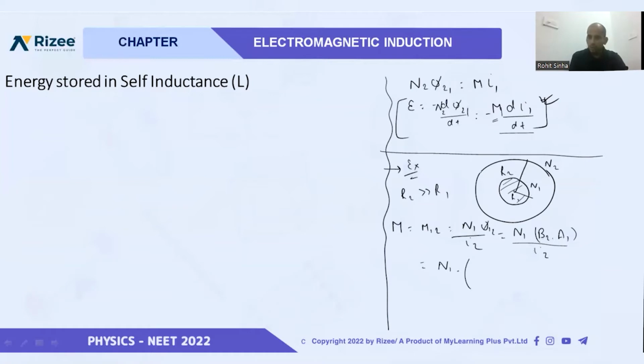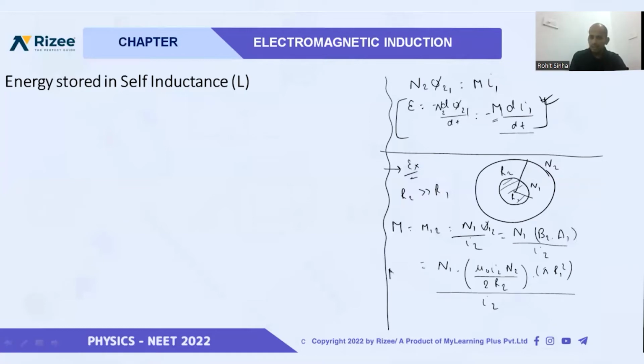We know for a circular coil at the center the magnetic field is μ0 I2 for N2 turns, N2 by 2R2, into area, which is πR1 square, by I2. Solve it and you will get the answer for this coil.